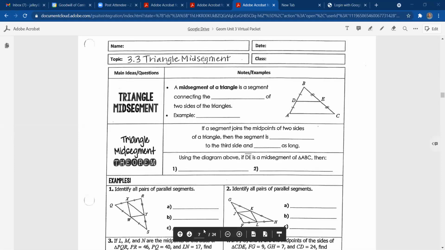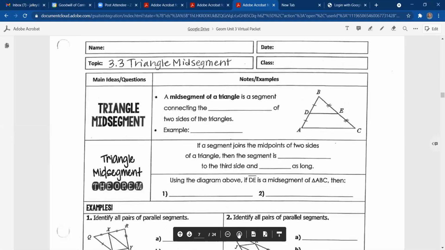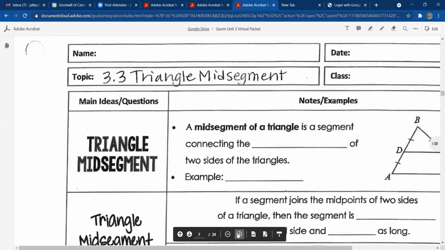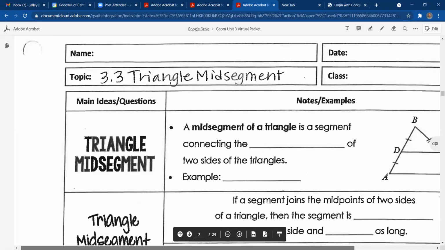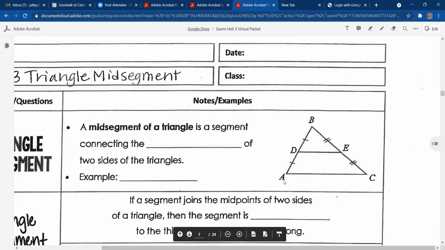So I can enlarge this a little bit. Oops, I don't need too much. So if you look at the big triangle here, A, B, C, D and E here are actually the midpoints of those two sides that are being connected by that segment.